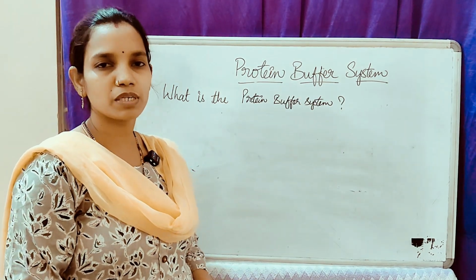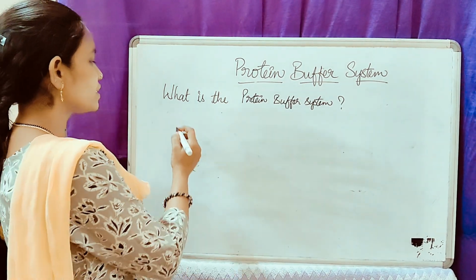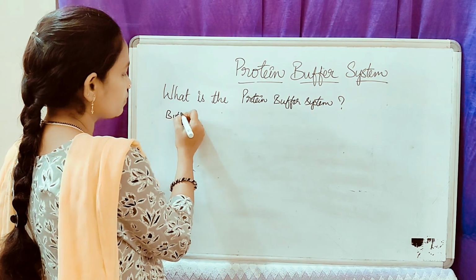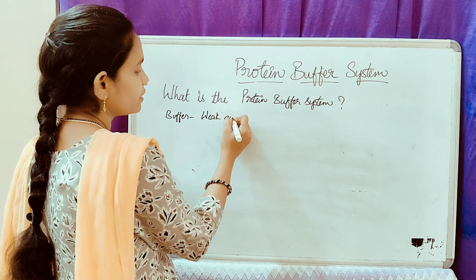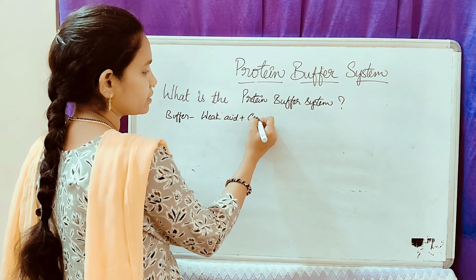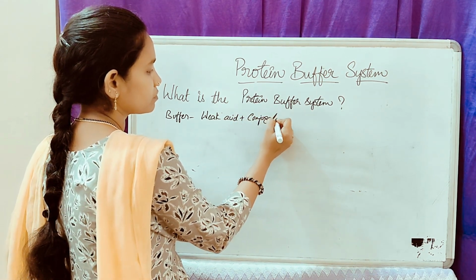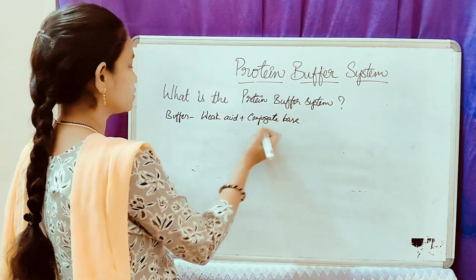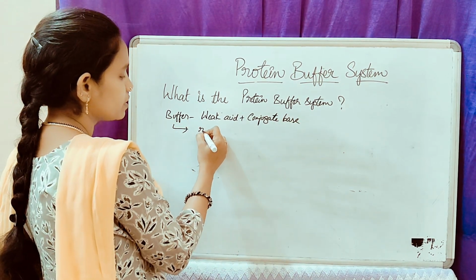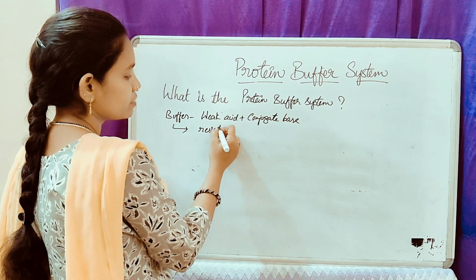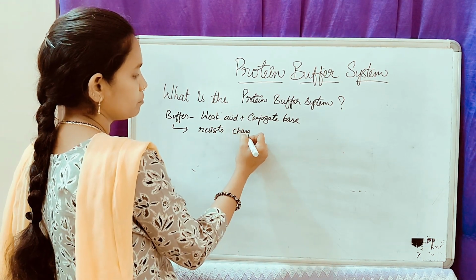Let's learn what is the protein buffer system. In general, what is actually a buffer? It is a combination of weak acid and its conjugate base. And what is the function or role of a buffer? It helps resist changes in pH.